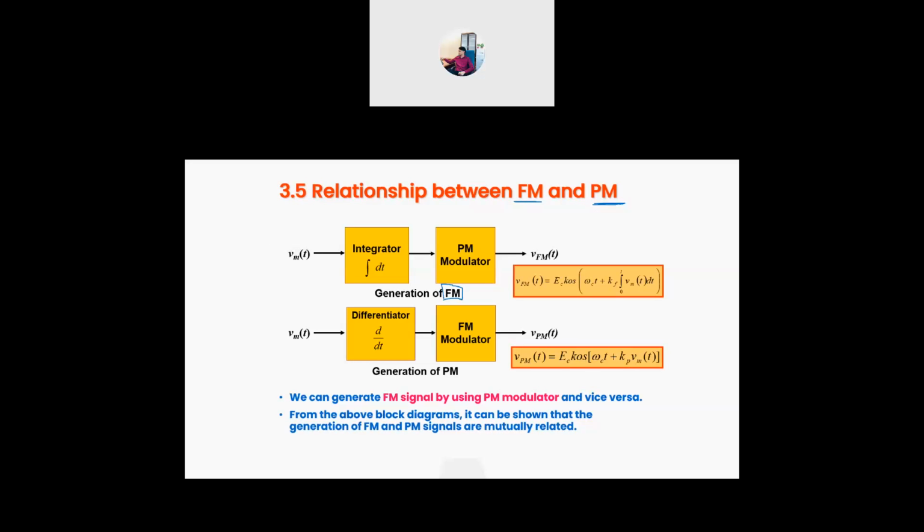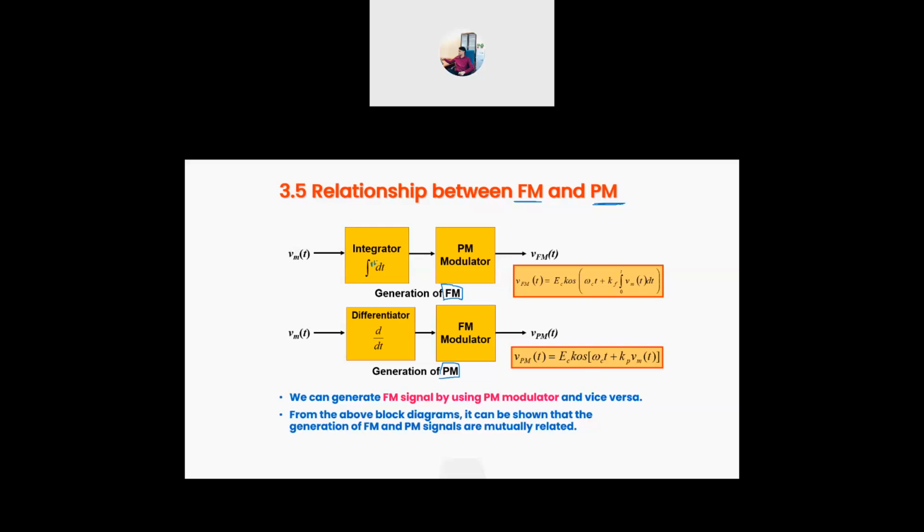It means we change in terms of omega, while in phase modulation we change in terms of our phase. So for Vm(t), the signal, we integrate the signal, meaning the integration of Vm(t) dt.